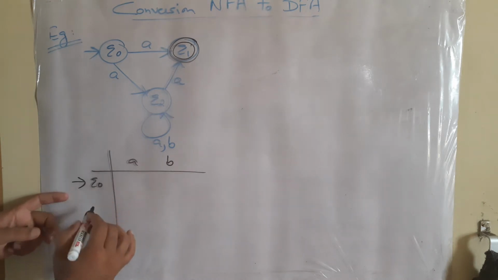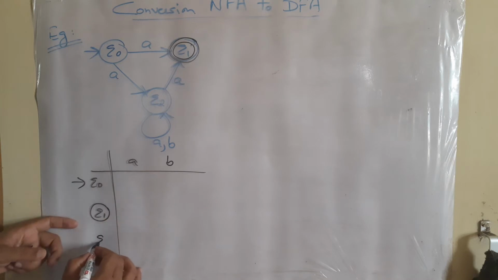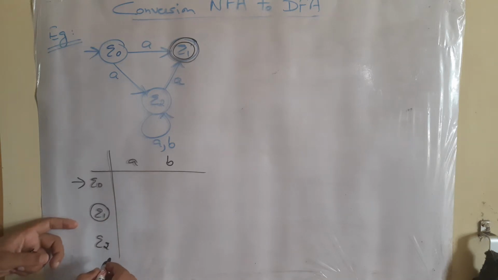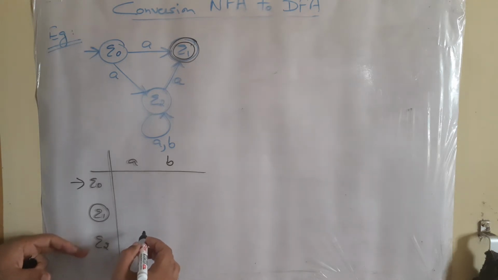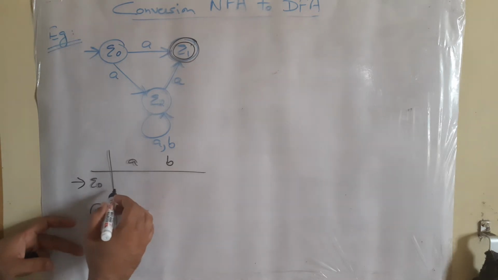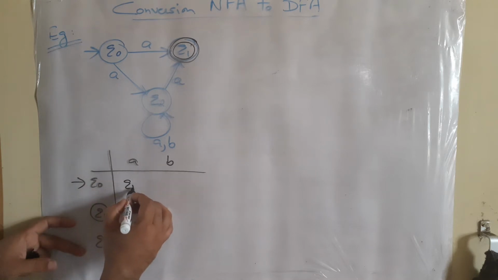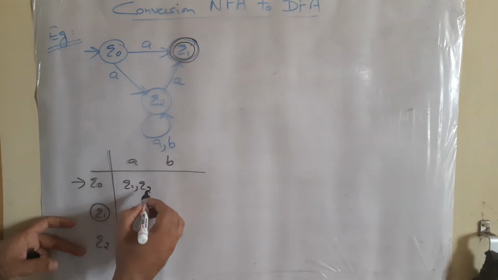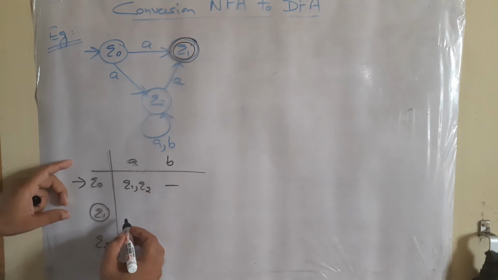Q0 is the initial state, Q1 is the final state, and Q2 is the intermediate, non-final state. Now with respect to A, Q0 is able to move to Q1 as well as Q2. With respect to B, there is no response by state Q0.